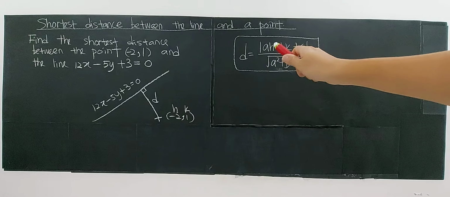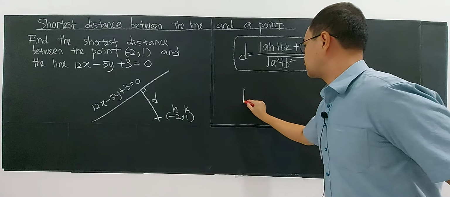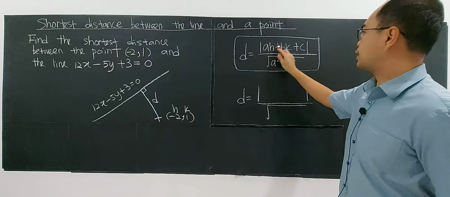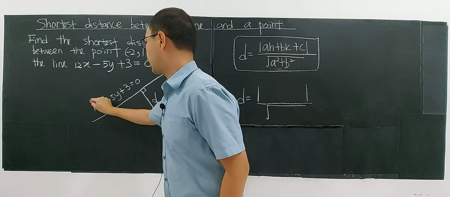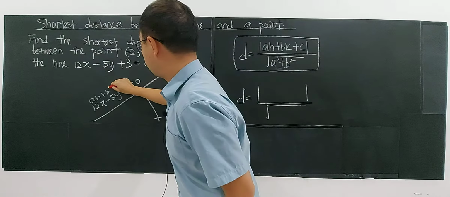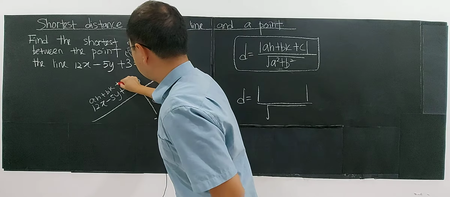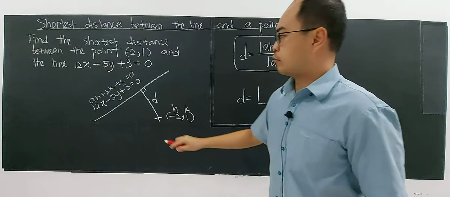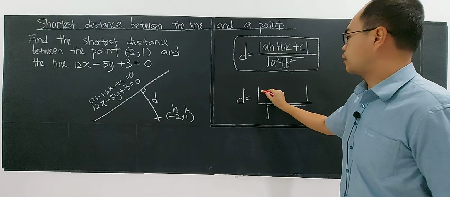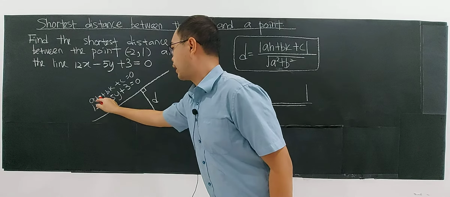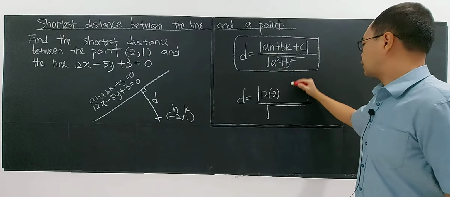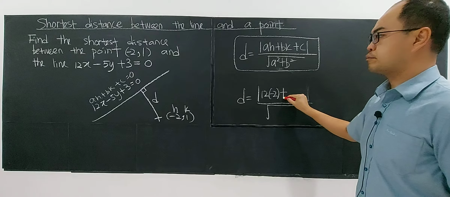So let's apply this formula. You have to memorize this formula. The distance will be the modulus of ah plus bk plus c, divided by the square root of a squared plus b squared, with the values of h and k being -2 and 1. So I'm going to write here, the a will be 12, and the h I'm going to replace with -2, followed by plus b.